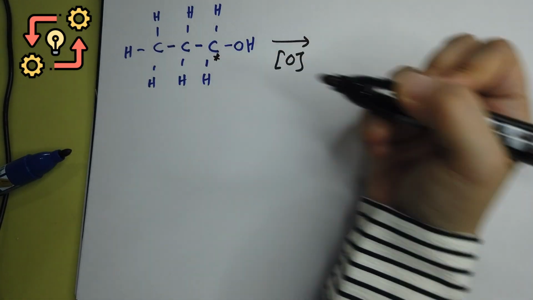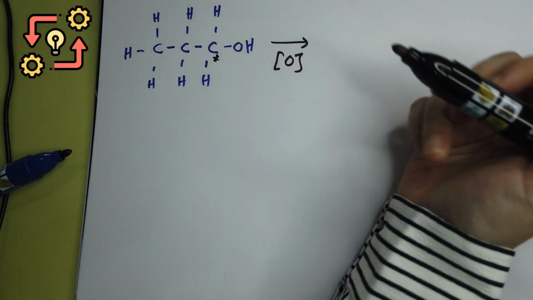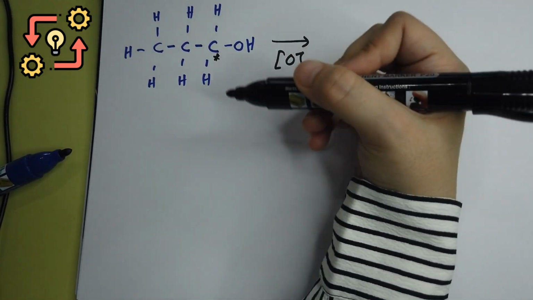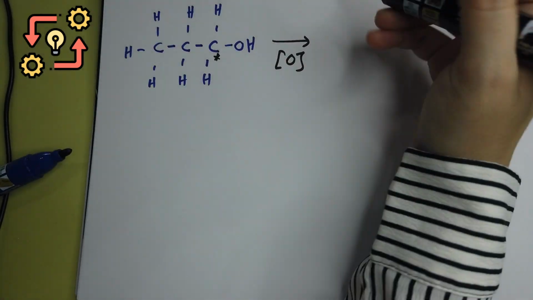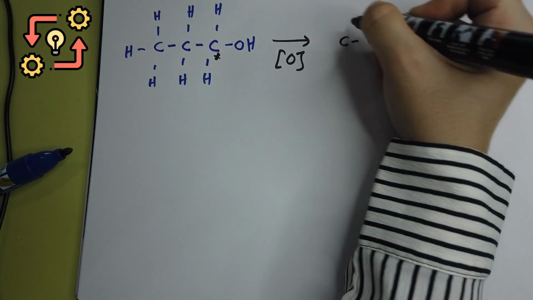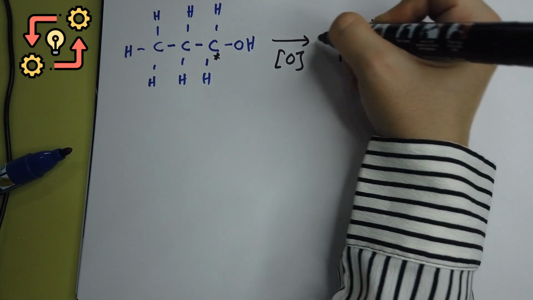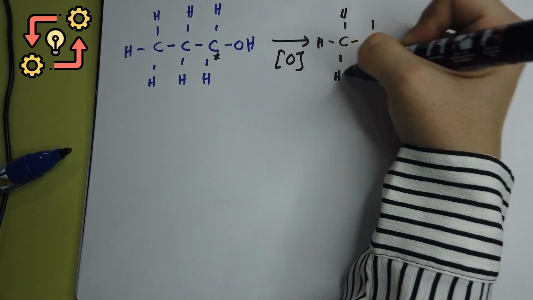So this is your primary carbon. You oxidize it the first time. You're not going to do anything to your substituent, so you just have to copy it back.